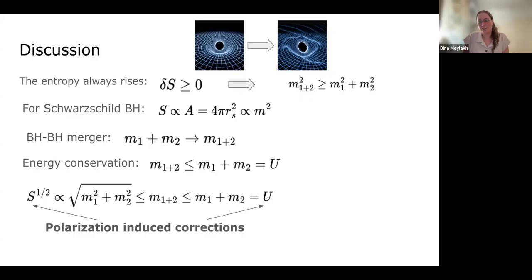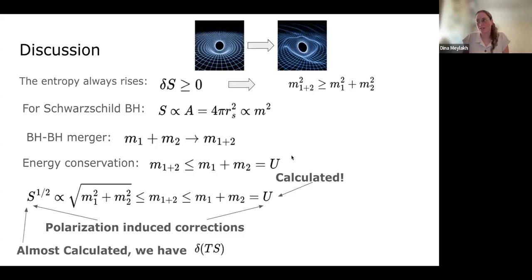Both U and S are going to get polarization-induced corrections. We calculated these corrections for U in this talk, but for S we almost calculated them. We have the variation of T times S. So disentangling the two is definitely a future direction.